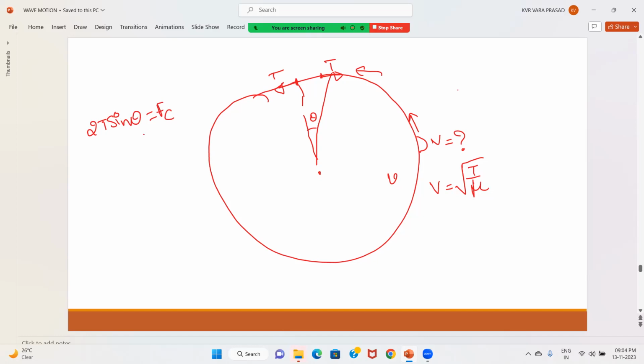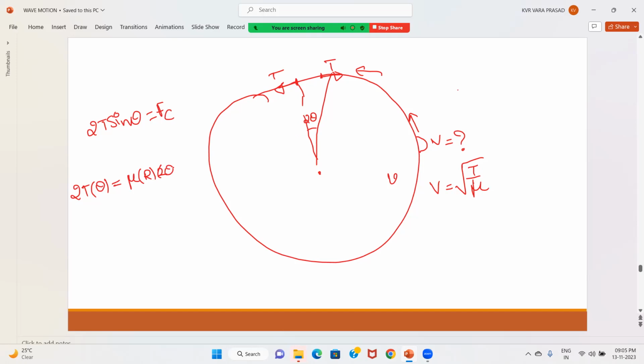Okay, right. Now the centripetal force equals mass into acceleration. Then see what we get. It is 2T. Since the angle is very small, in place of sin theta, taking theta, that is equal to mass. Mass is mu into r into 2 theta.